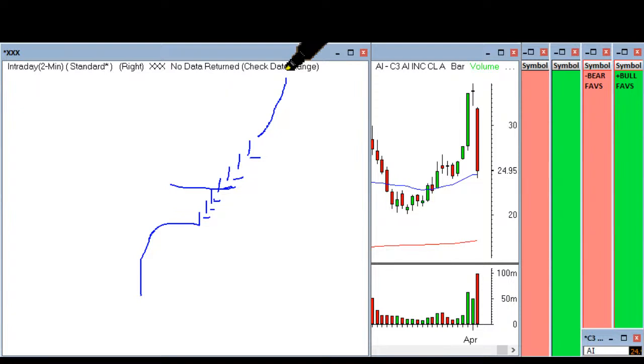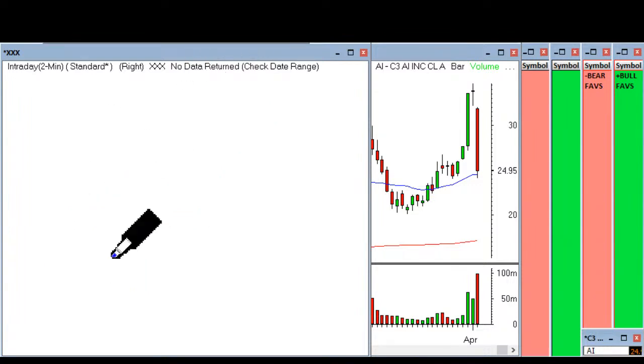So as you can see, it comes with experience, and I still get it wrong half the time. So it's not that easy to really figure out where the target is. And the other thing that's not easy about it is, you might think the target is the prior high, and the stock starts to come in a little bit, and you might think the target is up here, but the play starts to come in a little bit.